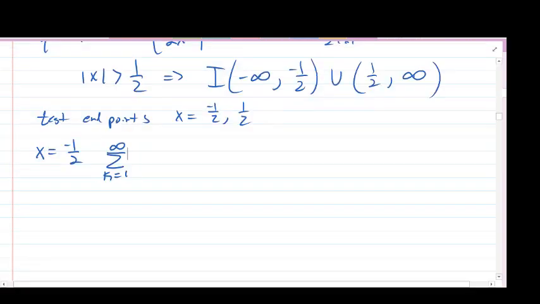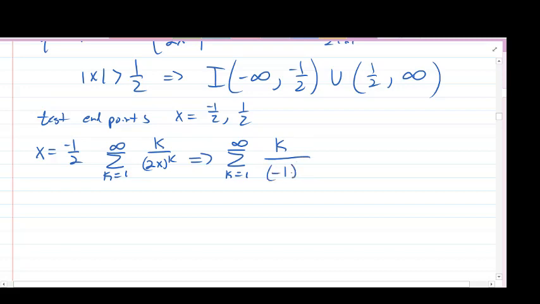K over 2x to the k. That's going to be the summation. So when x is equal to minus 1/2, that's going to give me the summation as k goes from 1 to infinity of k over minus 1 to the k.